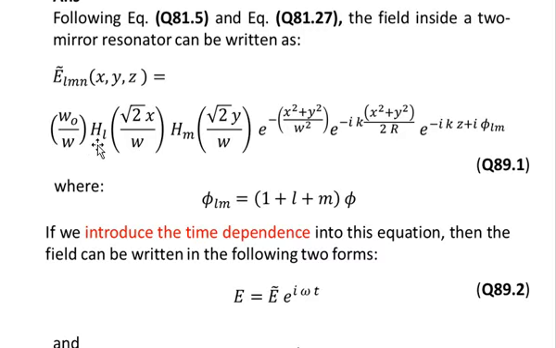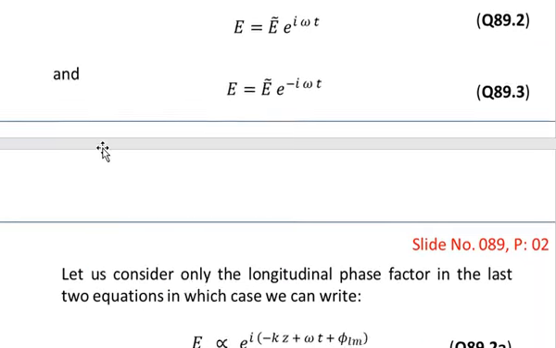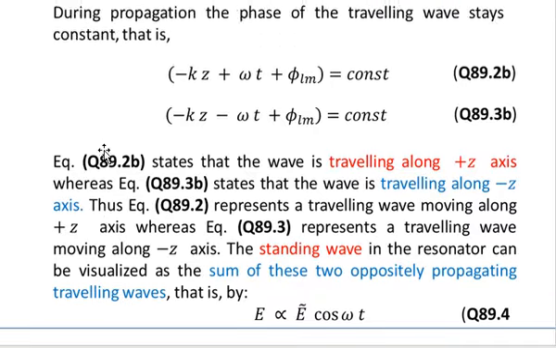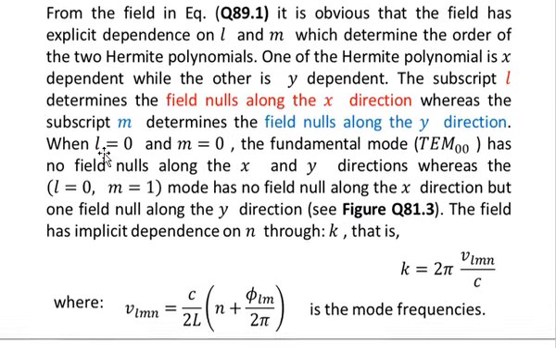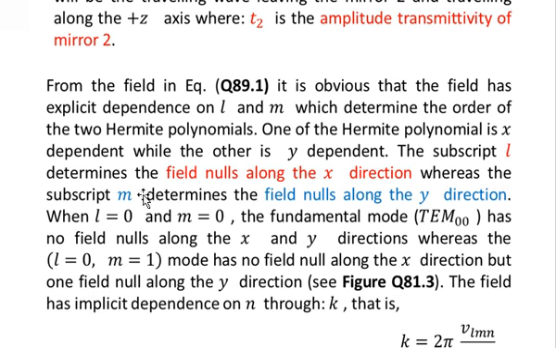But here we have just mentioned the two subscripts L and M, which determine the field nulls, the null points where the field is going to be 0. Along the x direction, that is given by the subscript L, whereas the subscript M determines the field nulls along the y direction. And you know that the x and y directions are perpendicular to the z direction, which is along the resonator cavity.